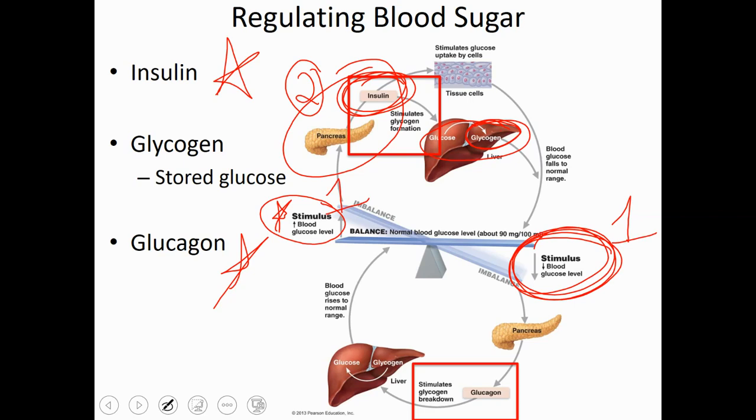The pancreas is going to release something called glucagon, and glucagon causes the reverse of what insulin does. It's going to take glycogen, turn that into glucose, and spit that out into our bloodstream.